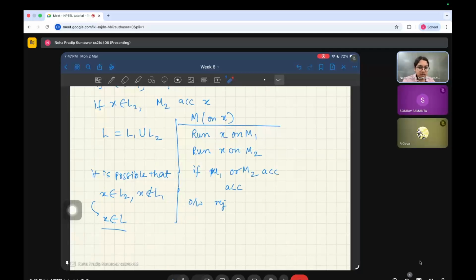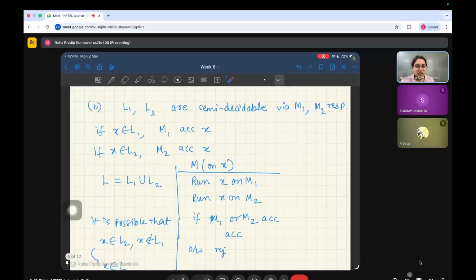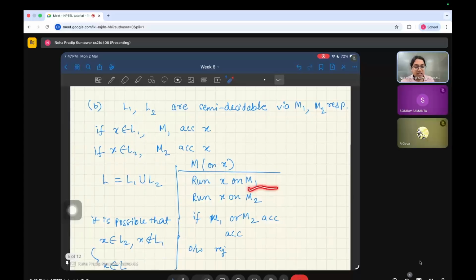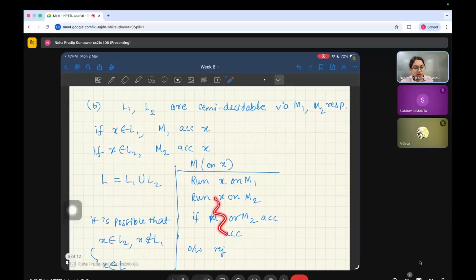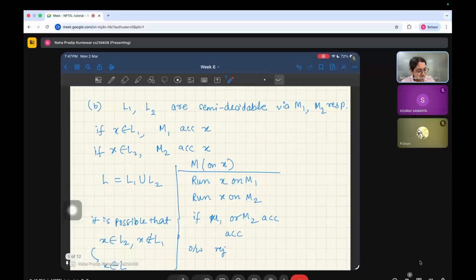It could loop on that input, because semi-decidable languages just say that if x is in the language, then there is a guarantee that the machine accepts. Otherwise it may reject, it may keep on looping. So if it ends up in a loop state, then we will infinitely be waiting for that answer and we will never be able to execute this. So to avoid that, you run these machines cleverly.